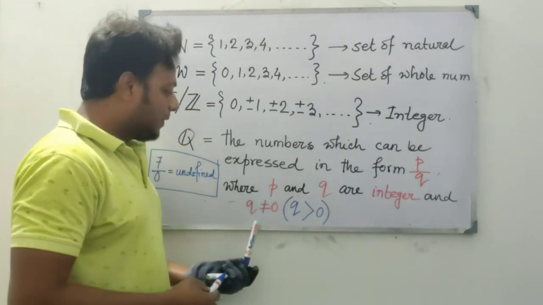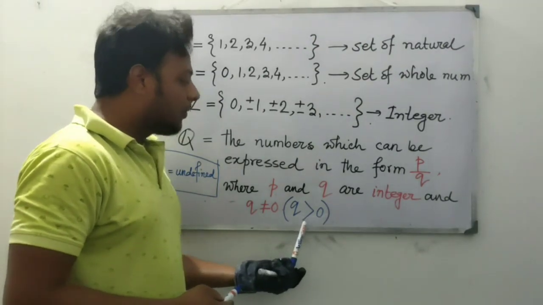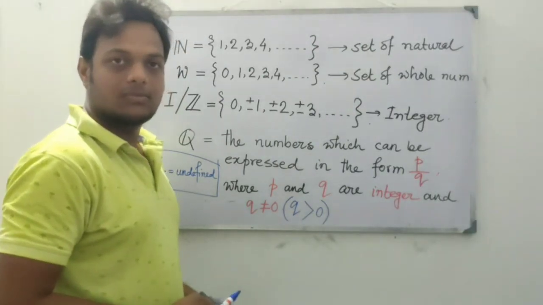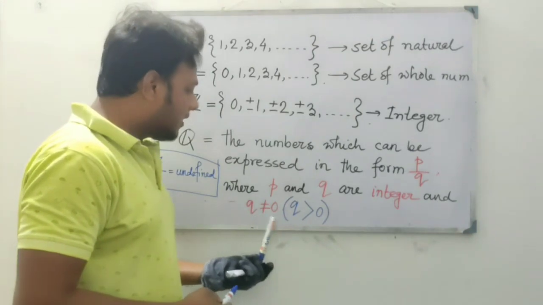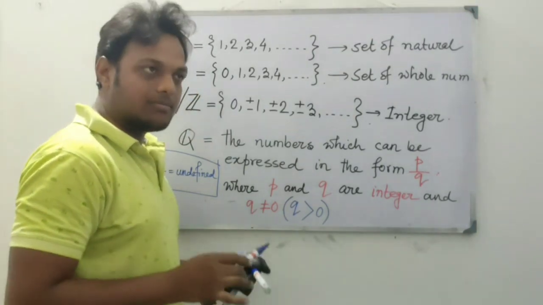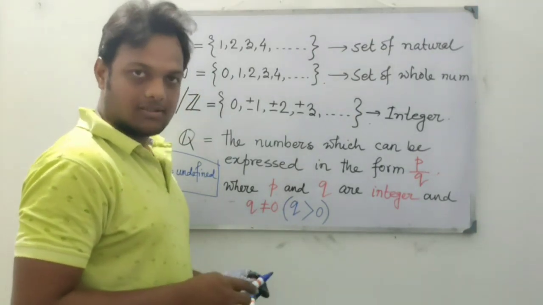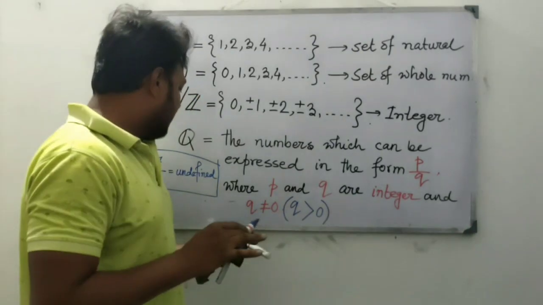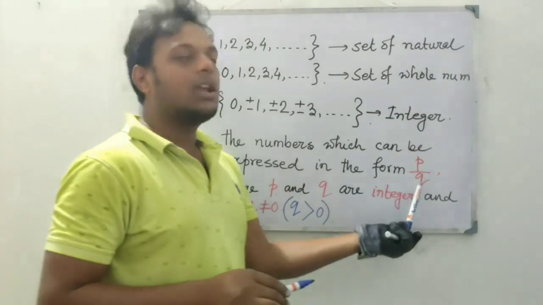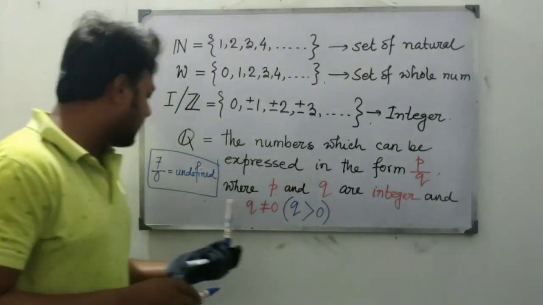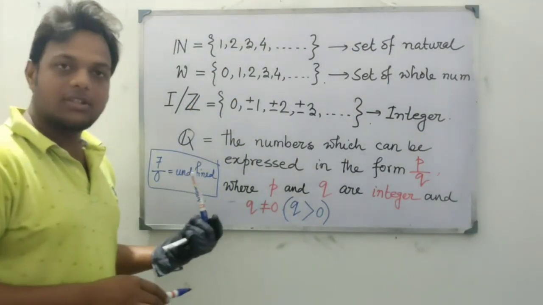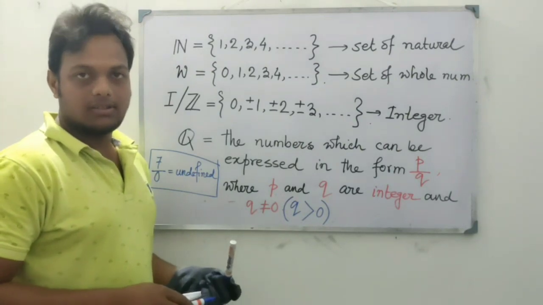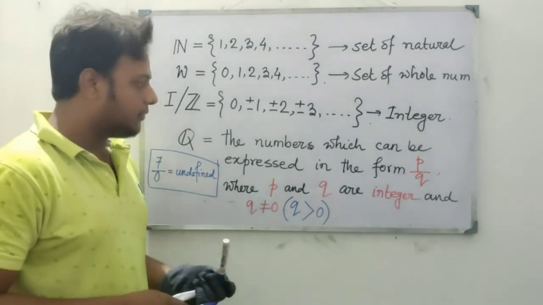Understood? I am explaining now why they are using Q greater than 0. Q not equals to 0 and Q greater than 0, there is a huge difference. In simple words, the denominator can't be 0, because if the denominator comes 0, then it will be undefined. Is it clear to you?